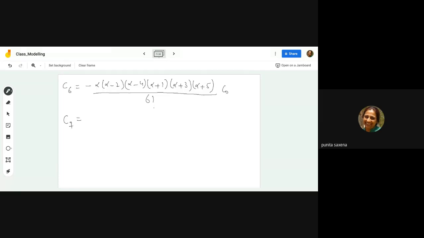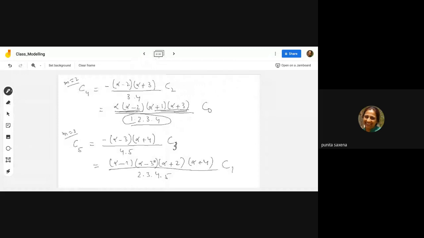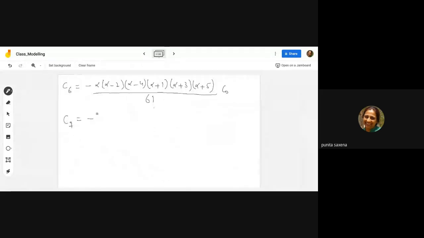Similarly, can you write your C7 now? Again, C7 will be plus or minus? Minus. And how will it start? Alpha minus 1, so it should be alpha minus 1, alpha minus 3. What will be the next term?